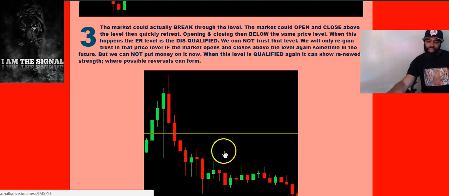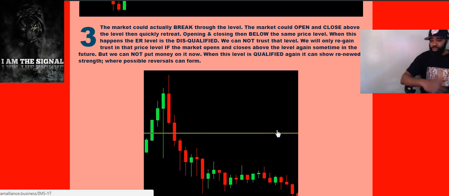When that happens, this line is kind of like disqualified. It's not as strong as it was before. The open and close above this level real quickly kind of disqualifies it until it opens and closes above it again. And then I could look at it with renewed interest and renewed strength where reversals could actually form.